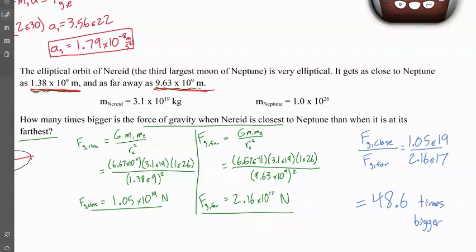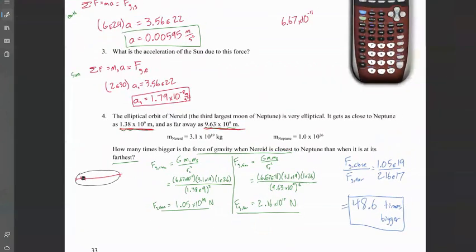That is astonishing. The force of gravity changes that much as the moon goes around Neptune, and that's a real number. That is a true number, which is just kind of awesome to me. I love space. It's amazing, all the things that we can get. But the force of gravity changes by almost 50 times its own value.